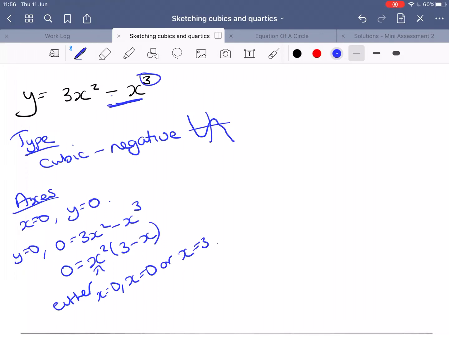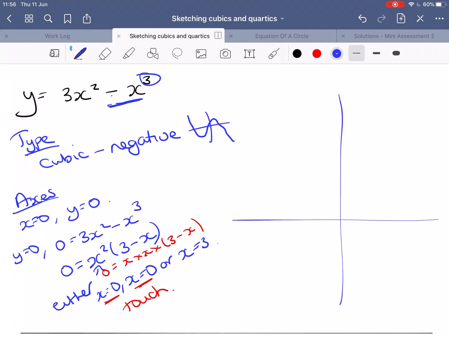I've got that repeated solution again because I've got x times x, because effectively what I could have written is x squared times 3 minus x. So that means I've got a touch at x equals 0. And now I've got everything I need to draw it. So again, get my lines.